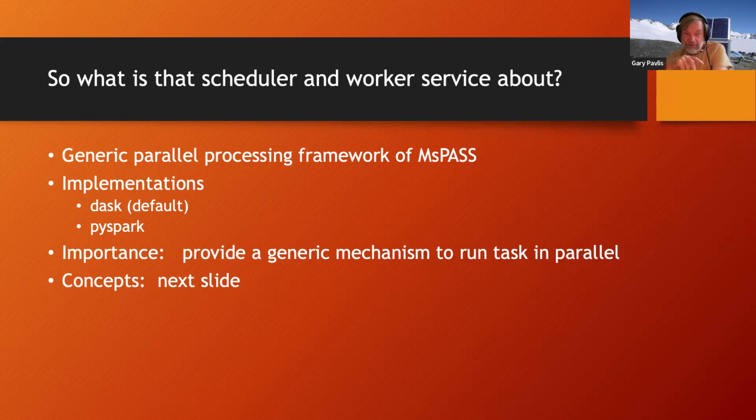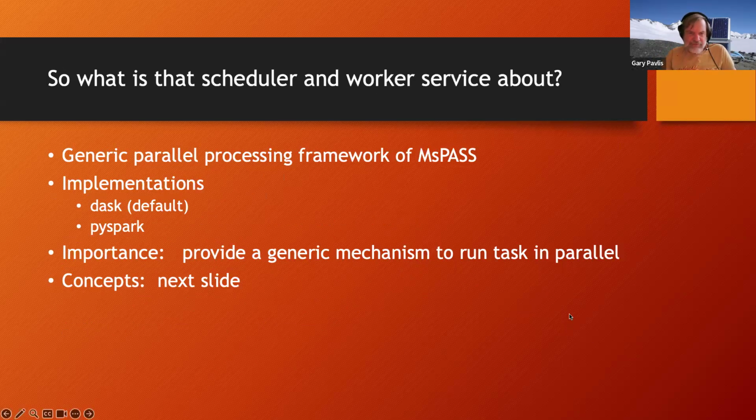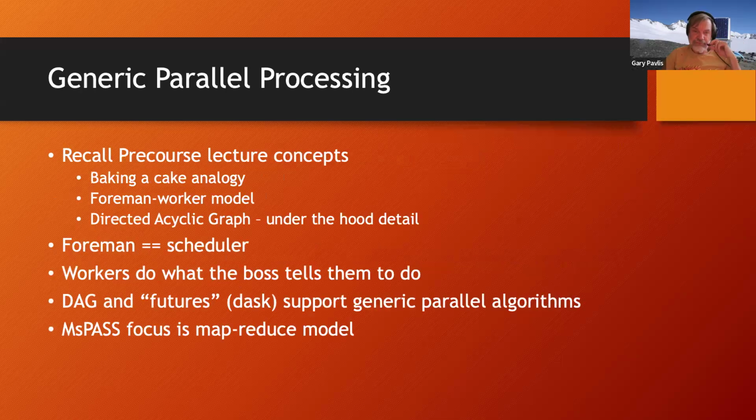They're kind of like dialects of the same language, but what they do is essentially identical. We use Dask by default because it's more closely linked to Python and behaves better in general. What's really important is that they're a generic mechanism to run jobs in parallel. So let's talk about what that means.